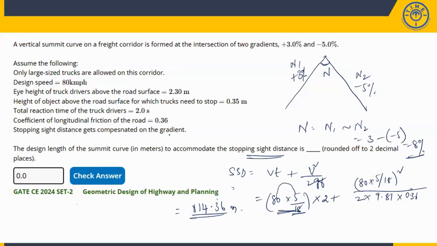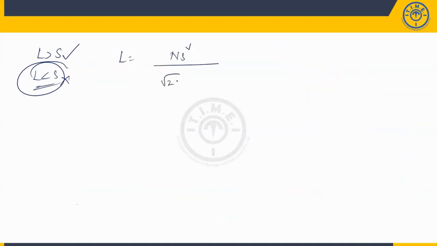Now we got SSD. Now how to get L, the length of summit curve. The length of summit curve we have based on two conditions: L greater than S or L less than S. First, always assume L greater than S. Then L is equal to N S square by root 2 capital H plus root 2 small h whole square.